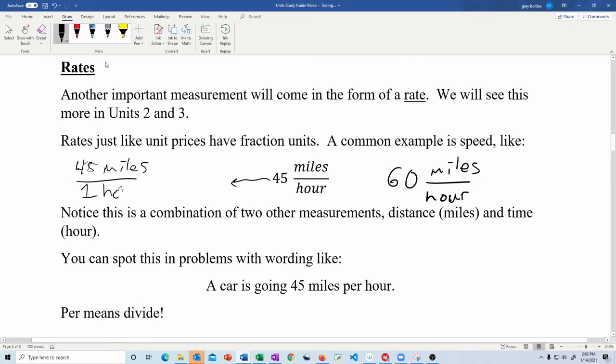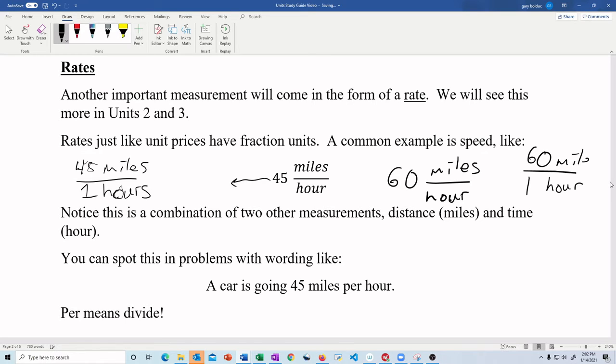So 45 miles an hour literally means if I go at this speed and let 1 hour pass, I will have traveled 45 miles. That's it. It's telling you to drive like that, and if you go for an hour, that's just how far you've gone. So over here, if I drive for 1 hour, how far will I have gone? I will have gone 60 total miles.